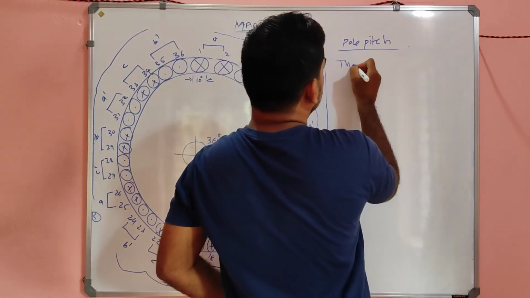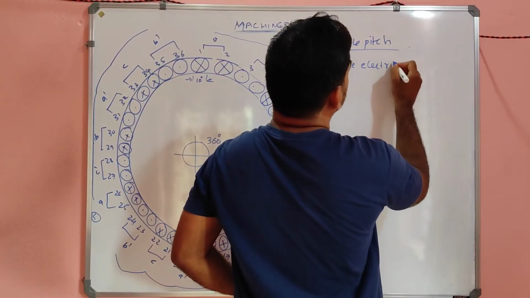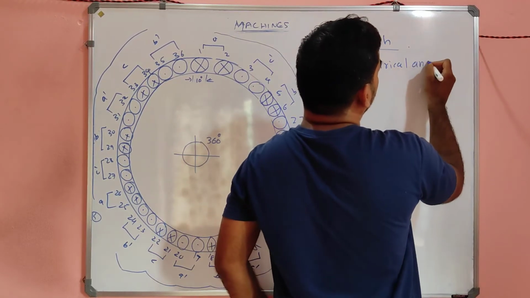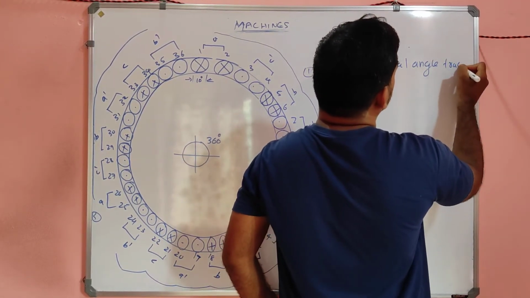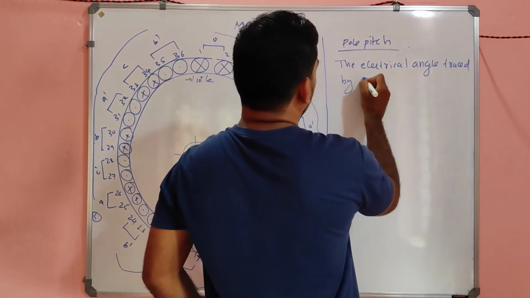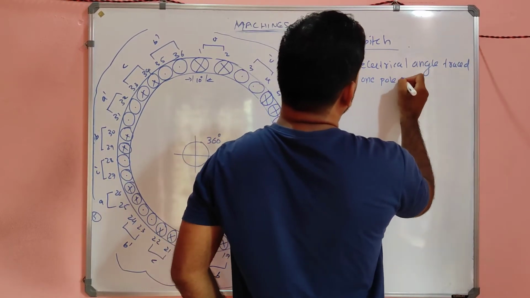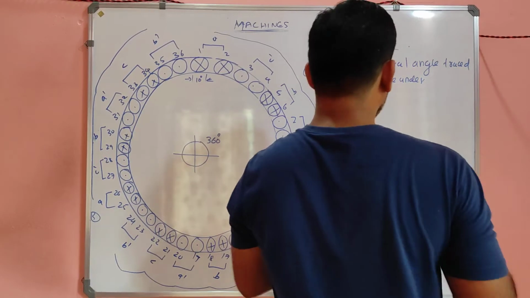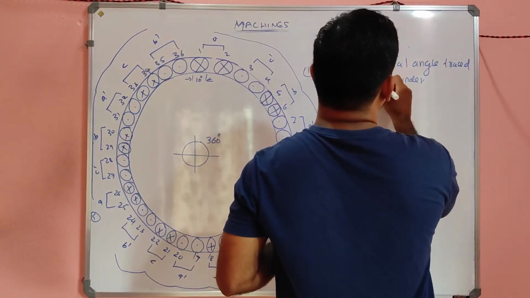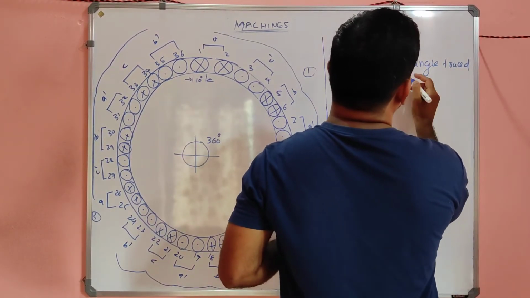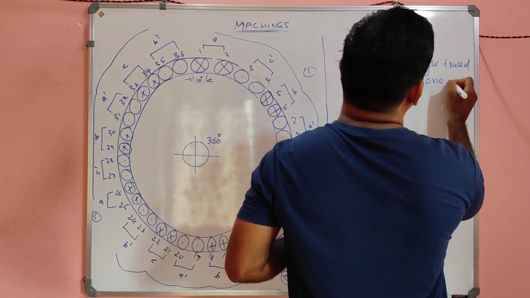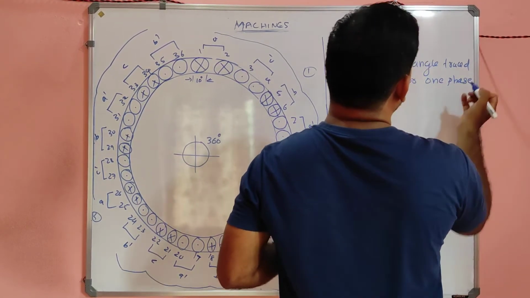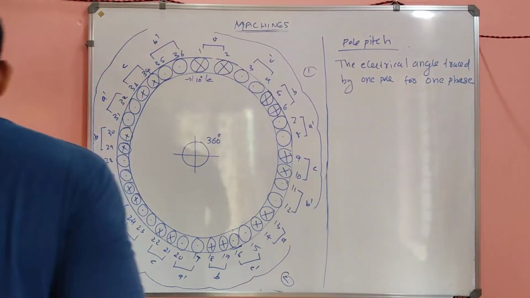The electrical angle traced by one pole for one phase is called the pole pitch.